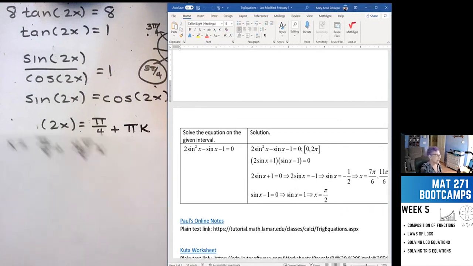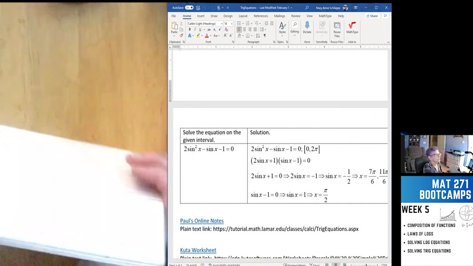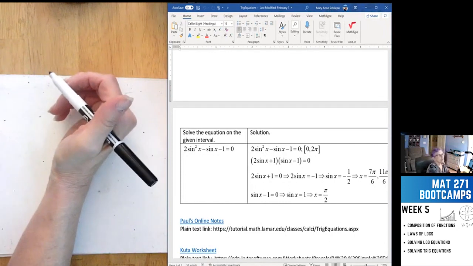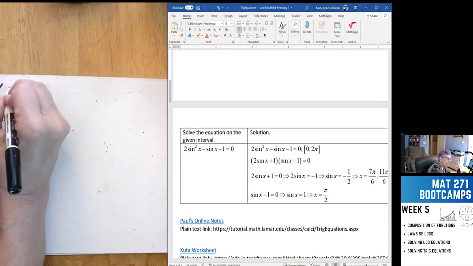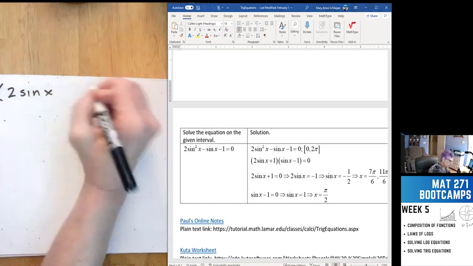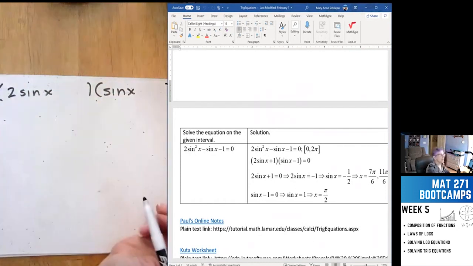This one looks kind of like a quadratic. So just like you would do with a quadratic, you're going to factor. So 2 sine of x, sine of x.